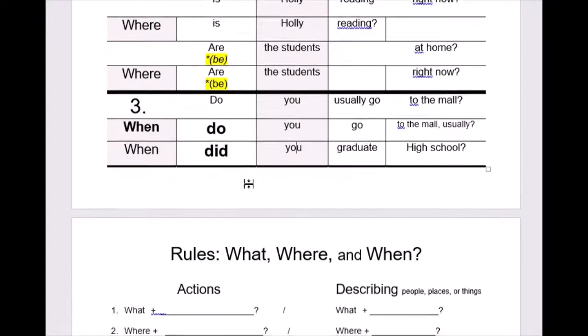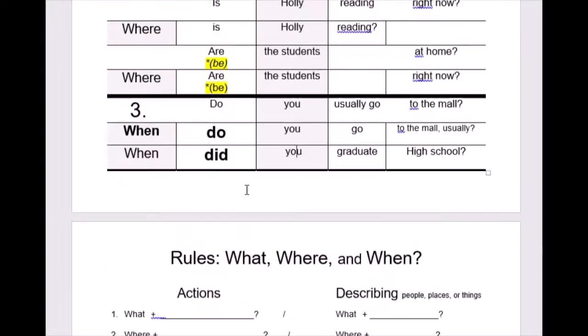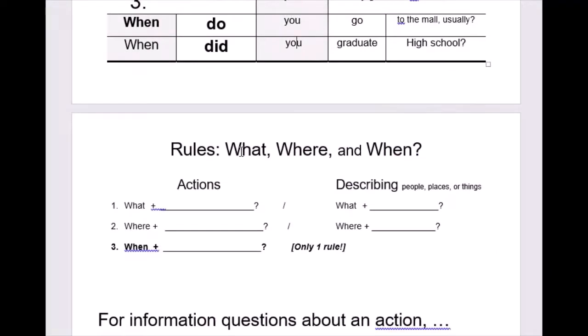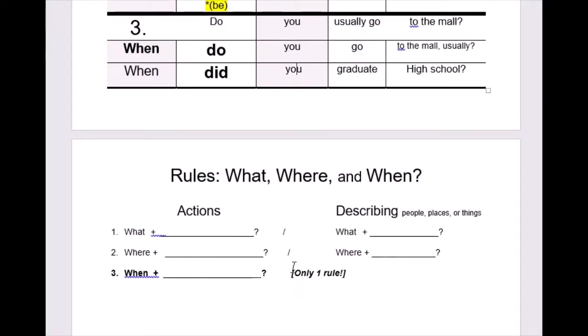So rules for what, where and when, okay? So in your grammar notebook, I want you to copy this information, and you can pause the video, and when you're ready, continue watching this video.